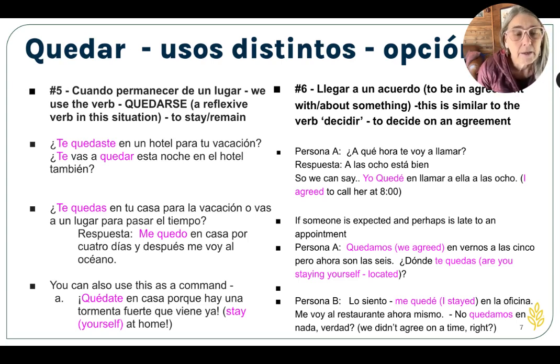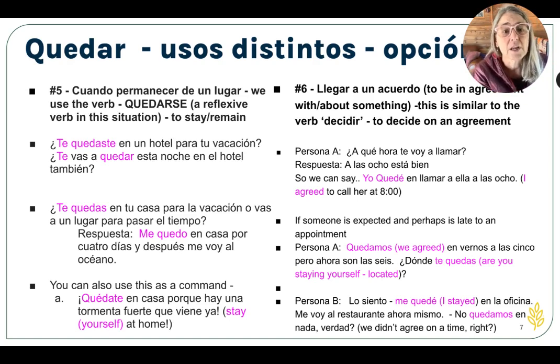And persona B says, oh, a las ocho está bien, call me at 8. Okay, so in the end, you might have an agreement. I am going to call you at 8. So yo quedé, I agree with you, en llamar a ella a las 8. I'm agreeing that I have an agreement that I'm going to call you or call her at 8 o'clock.